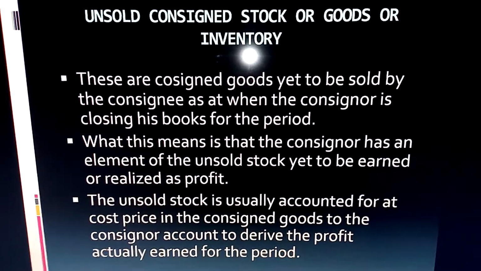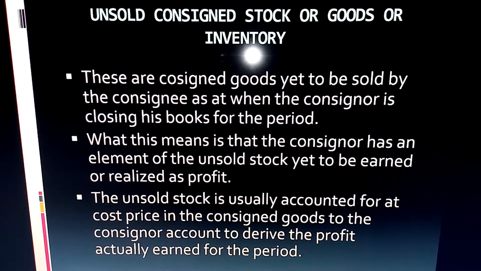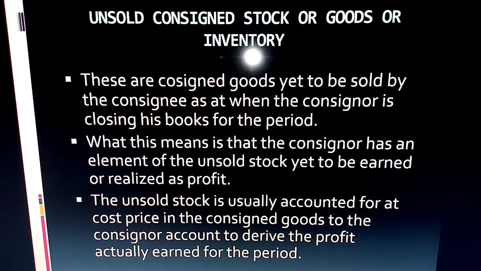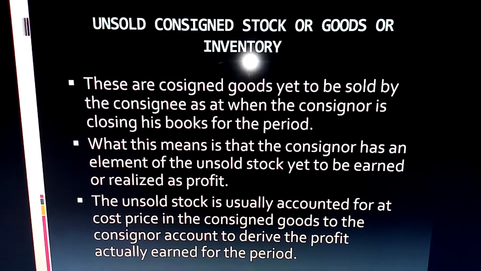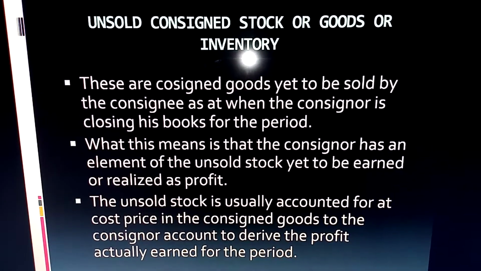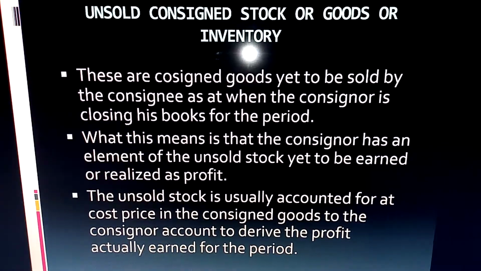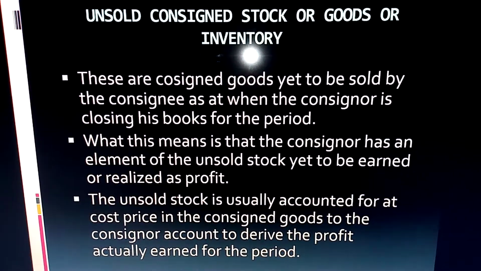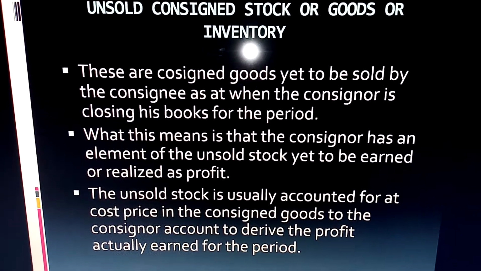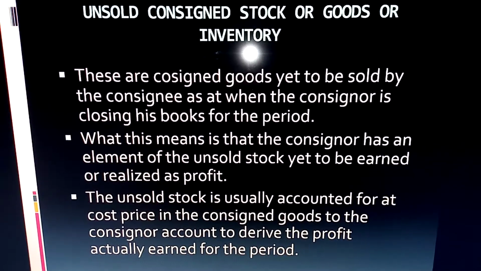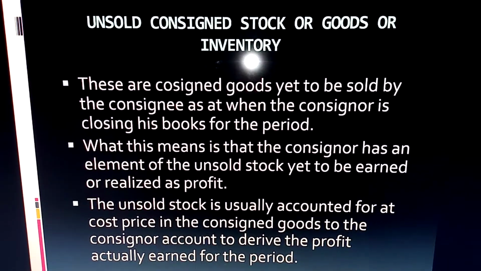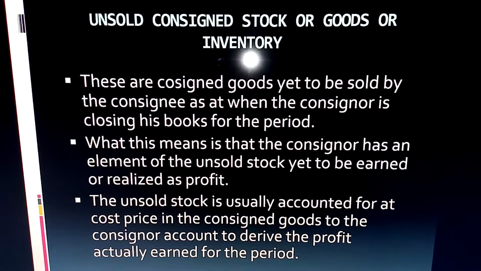So basically this helps us to adjust the consigned goods, or goods on consignment account, because here you want to know exactly what has been sold and what has not been sold, so that you'll be able to recognize the right profit on the consignment.